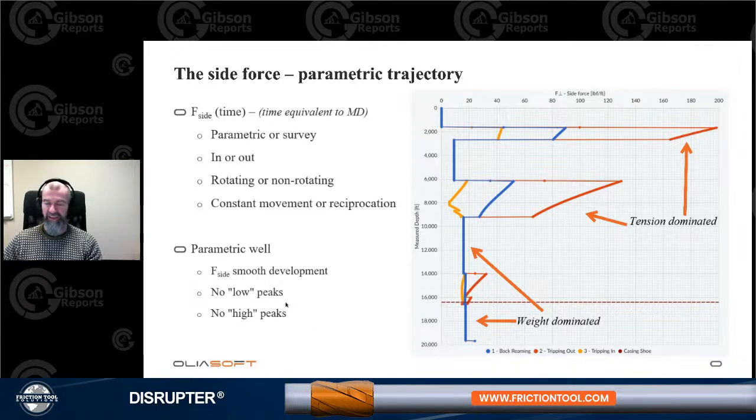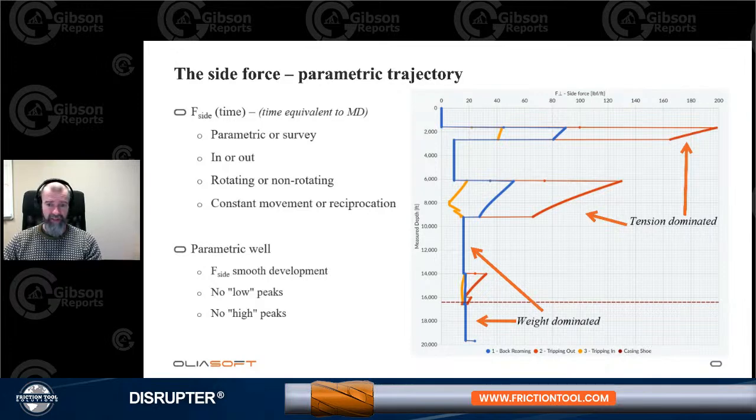We don't see any spikes anywhere. Of course, there's a jump when we start having a dog leg, and we have a jump back down when we're going to a sail-off section. But it's an important feature to know about, that for these parametric wells the side forces are very smooth.